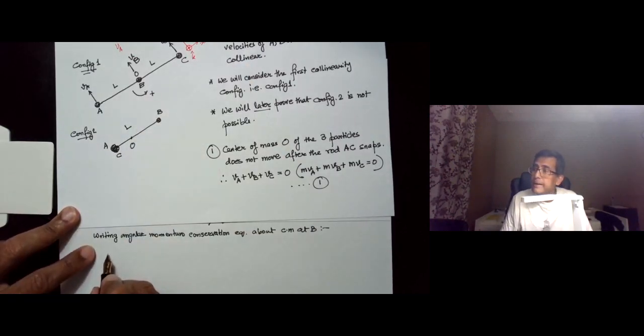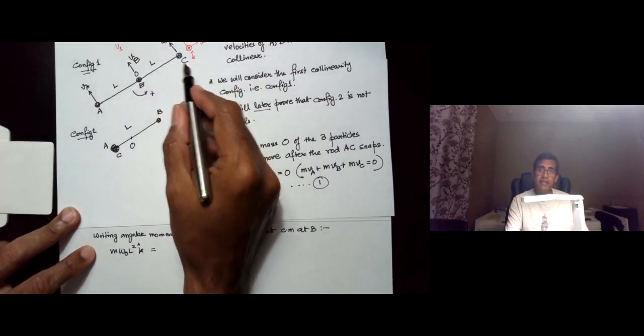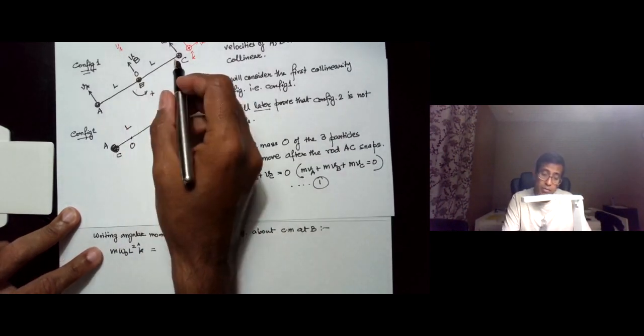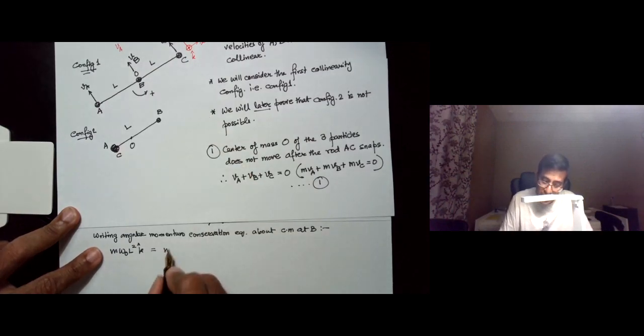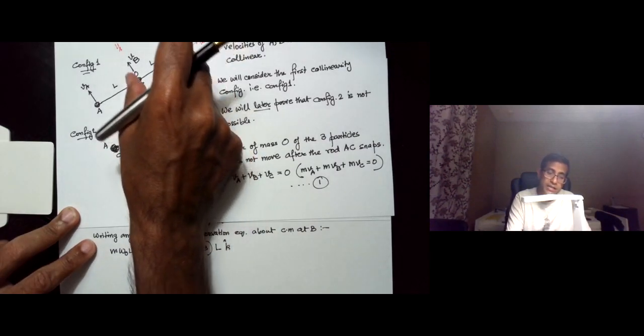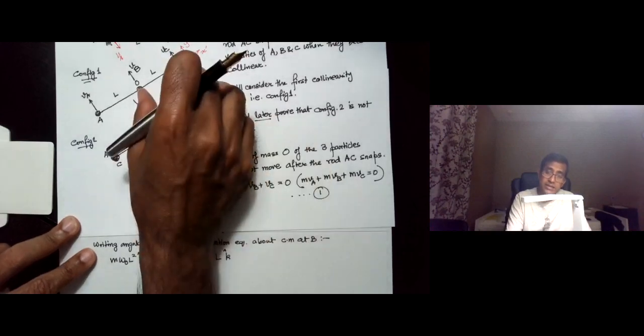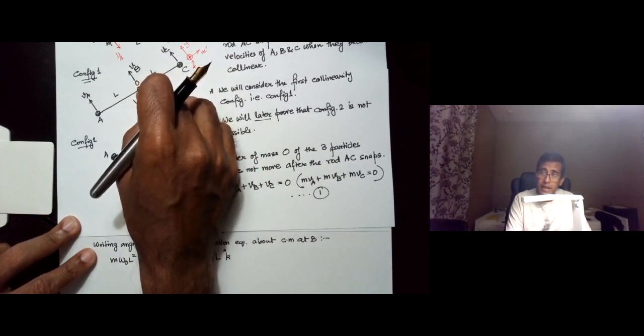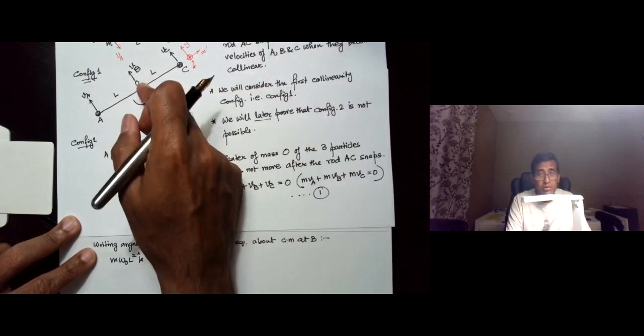Here we will write m omega naught L squared K is equal to, now for C, the angular momentum with respect to the center of mass, because the center of mass also has a velocity, so when we express it about the center of mass, it should be m times Vc minus Vb, times L. Note that if B and C were moving together with the same velocity, then C would effectively not be turning about the point B, and C does not have any angular momentum about the instantaneous center of mass.